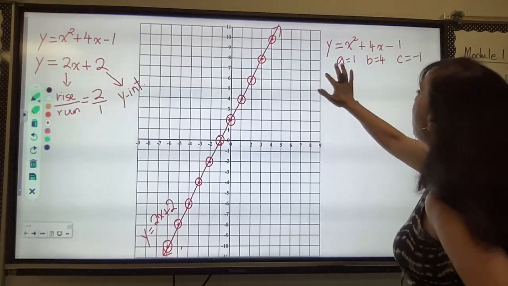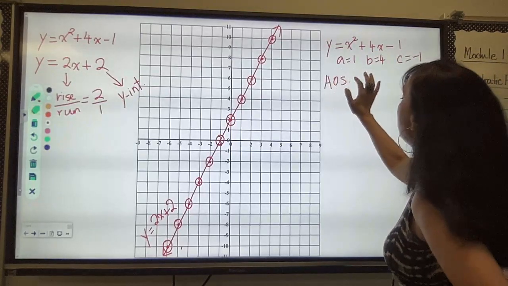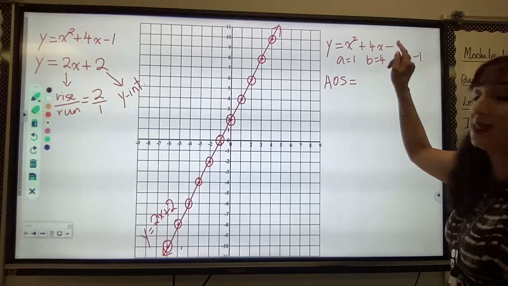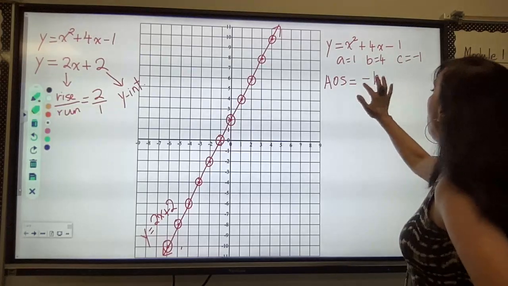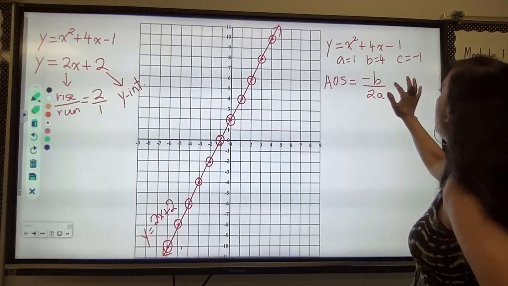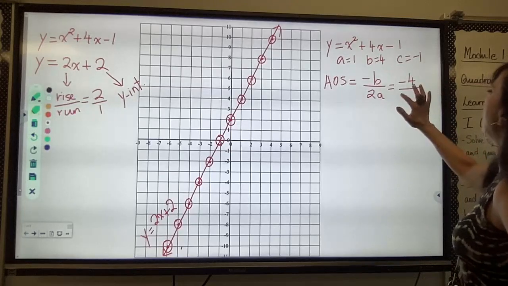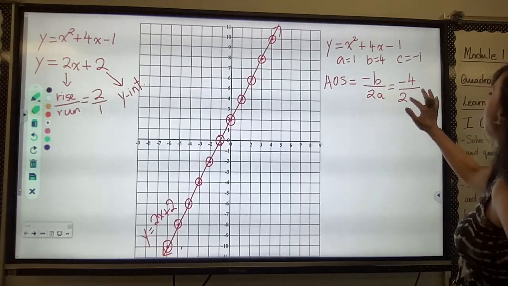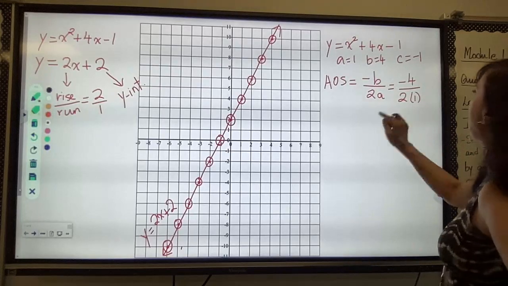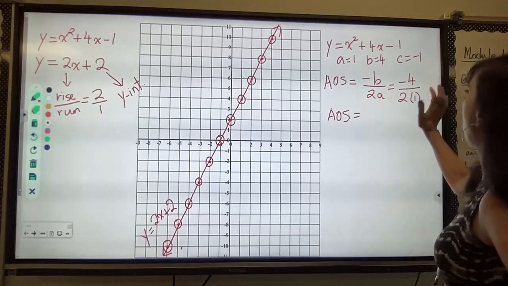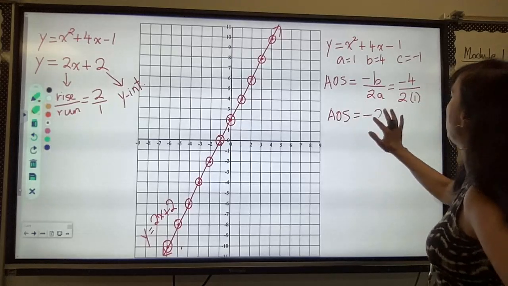To find the axis of symmetry, I am going to do the opposite of b, so that means -b over 2a, which gives me -4 over 2 times 1. So I get my axis of symmetry as -4 divided by 2, which is -2.